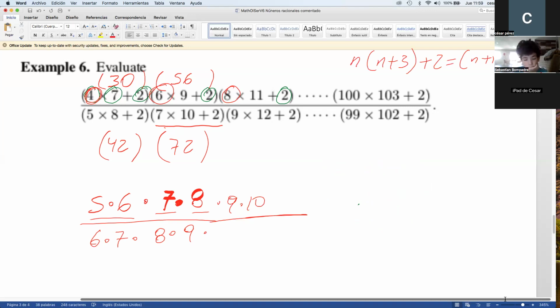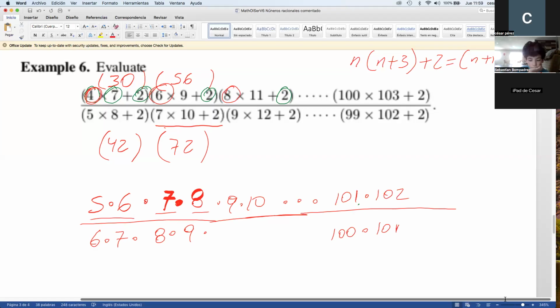So we will have here a multiplication, and we will have 101 times 102. And here we will have 100 times 101.